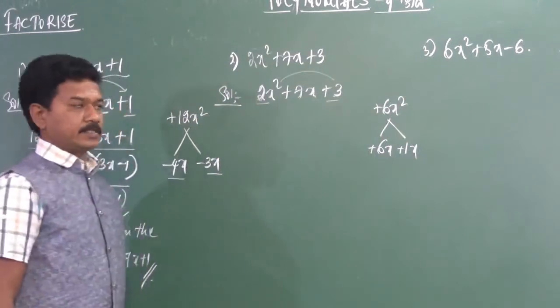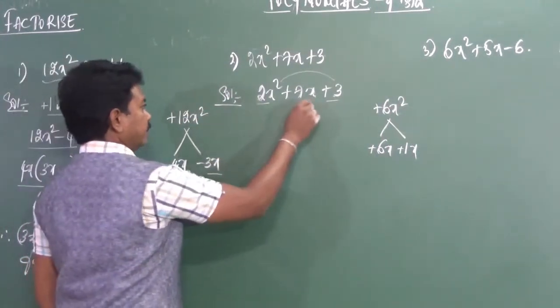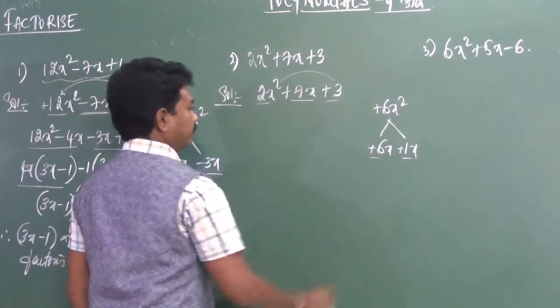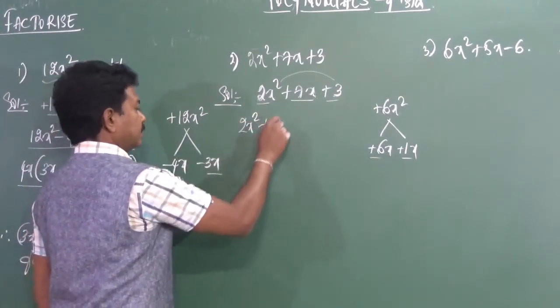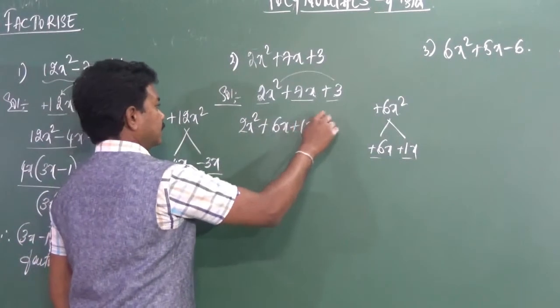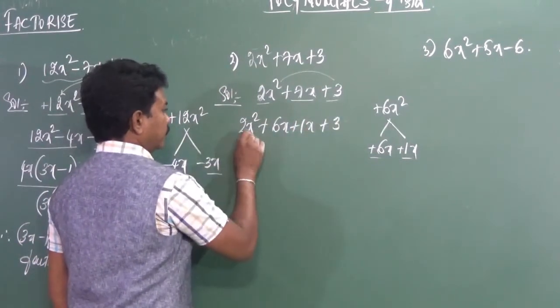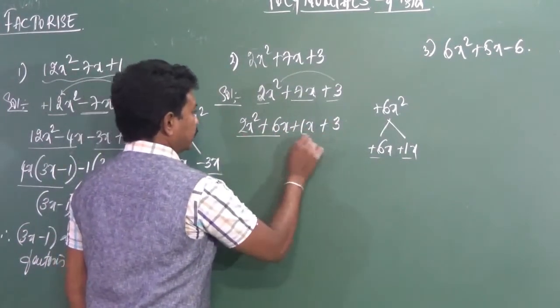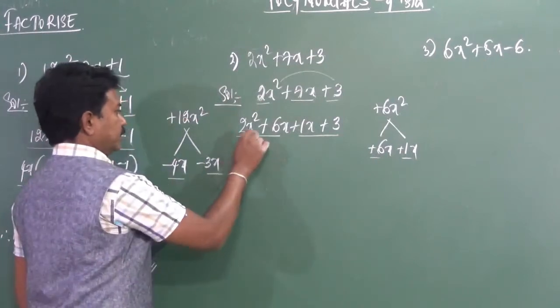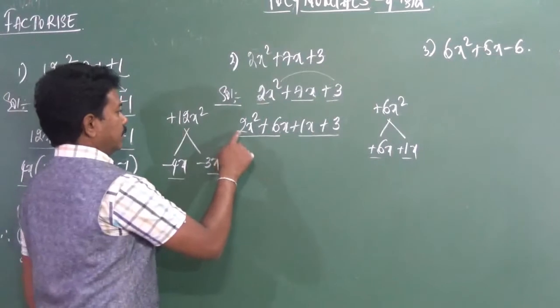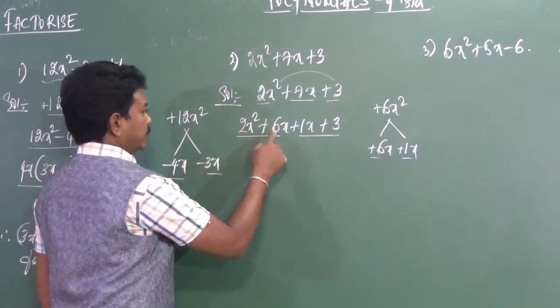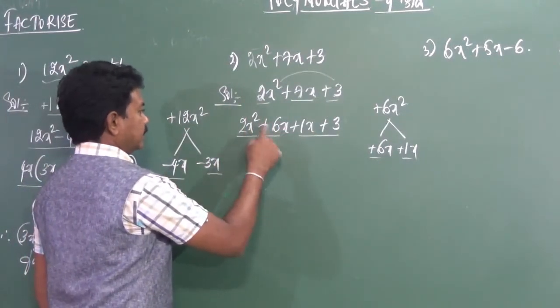So everything matches, right? So instead of plus 7x, we are going to substitute plus 6x and plus 1x. So 2x square plus 6x plus 1x plus 3. So out of 1, 2, 3, 4 terms, we are going to take 2 and 2 terms. So in the first two terms, we can take 2x as common, because 2 is a multiple of 2, 6 is here, x is there, x square is here.